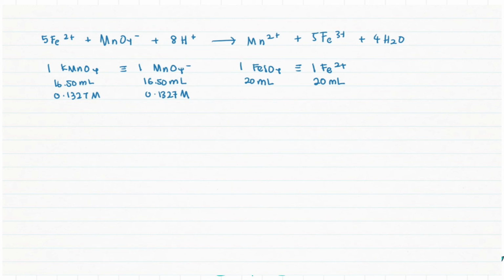Now it asks you to calculate the concentration of FeSO4. To calculate the concentration of FeSO4, you need to know the mole of FeSO4. How do we calculate mole of FeSO4 from the balanced equation? We know that 1 FeSO4 contains 1 Fe2+, so we can calculate mole of FeSO4 if we know mole of Fe2+.